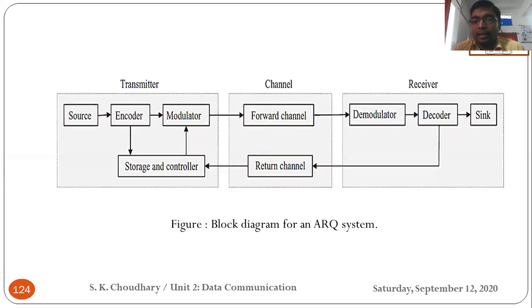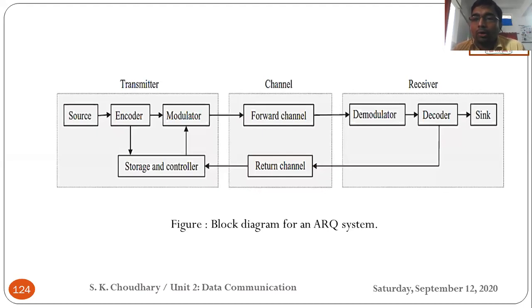In the channel there is a chance of addition of noise or error signals, and the error added information is received by the receiver end. The first block of the receiver is the demodulator. It first reconverts this signal into binary format, and that is decoded through the decoder, and in the decoder the error detection is performed.